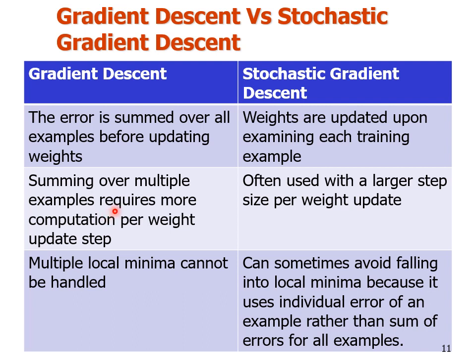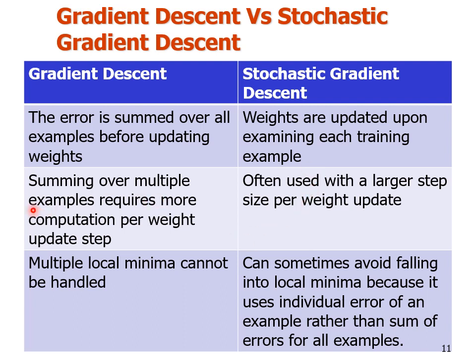If we try to compare these two algorithms, gradient descent and stochastic gradient descent, we have a few points listed here. Under gradient descent, the error is summed over all examples before updating the weights, whereas in stochastic gradient descent, weights are updated upon examining each training example, as we have already seen in the discussion of both the algorithms.